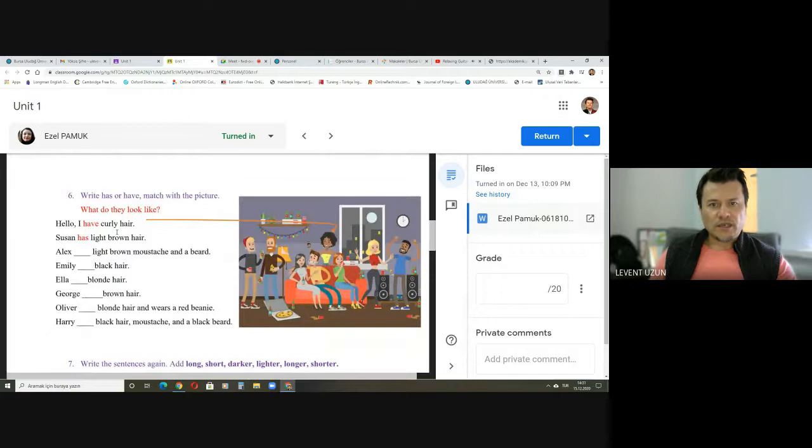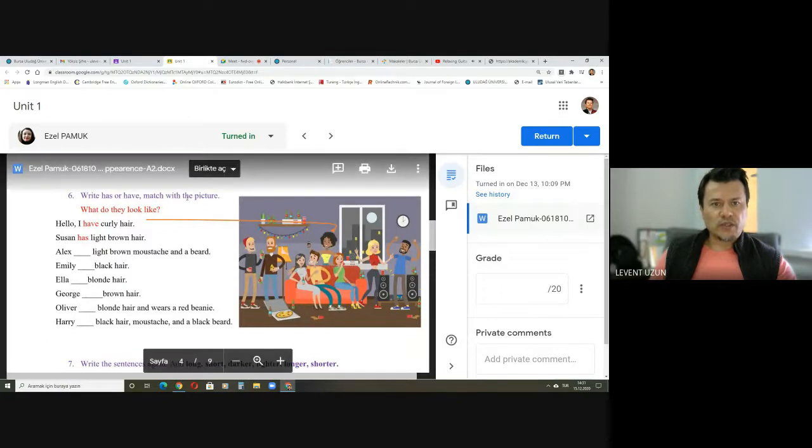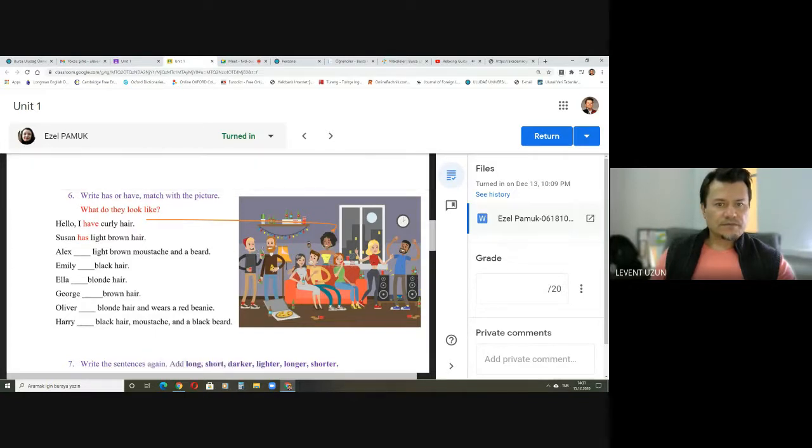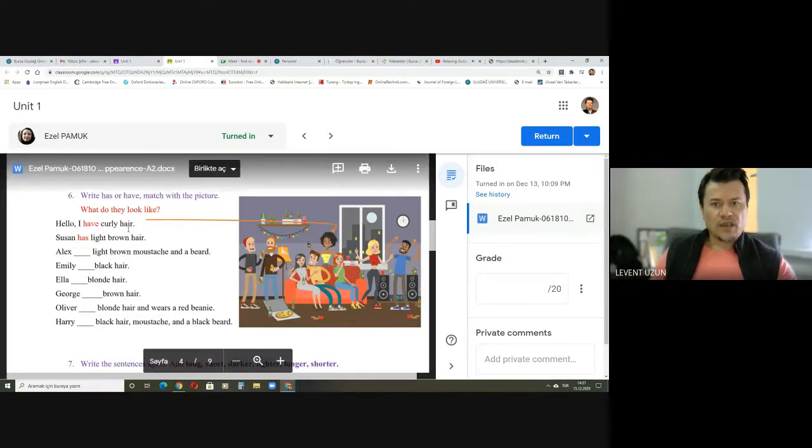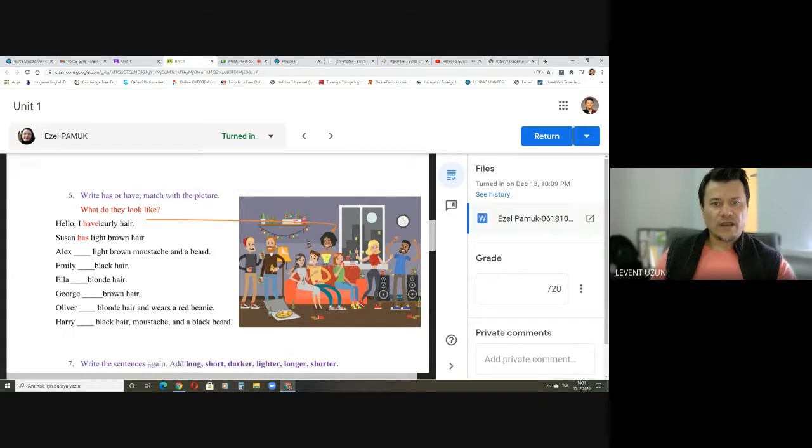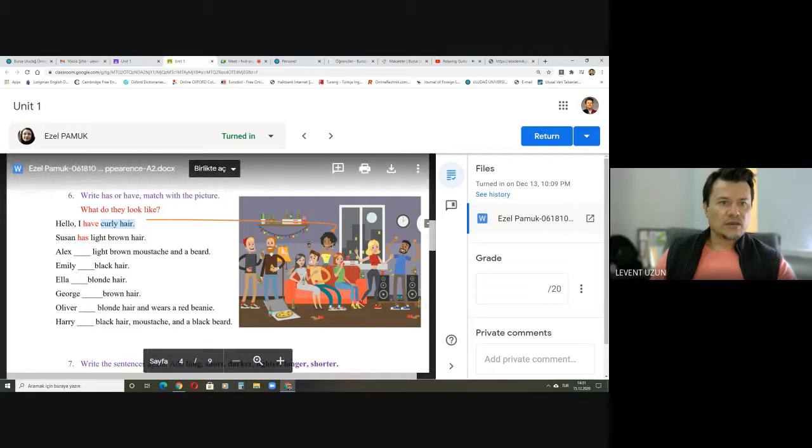Write has or have, match with the picture, has, have. What do they look like? Hello, I have curly hair. So this was called curly hair, and you show the picture. So this is how you teach what curly hair is. You show it here, and you say this is curly hair, so they understand.